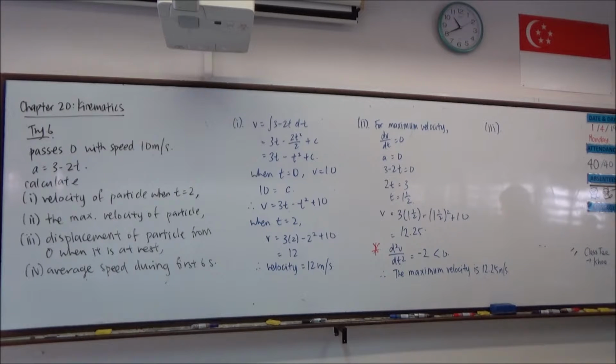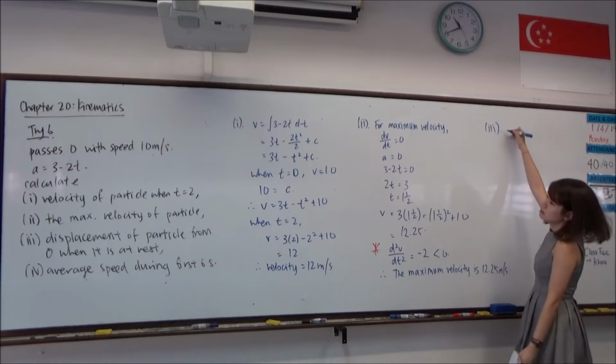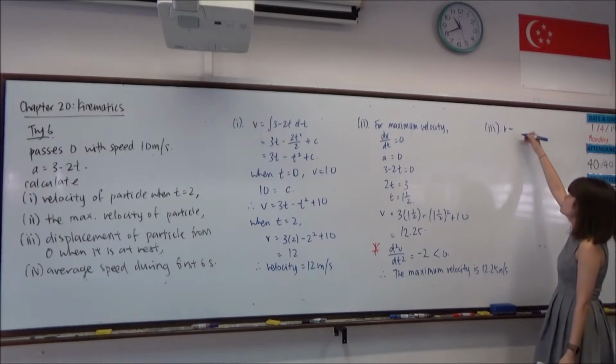Next, part 3. The displacement of the particle from O when it is at rest. How do we find the displacement of the particle from O when it is at rest? When it is at rest, the velocity is equal to 0, so we can do that first.